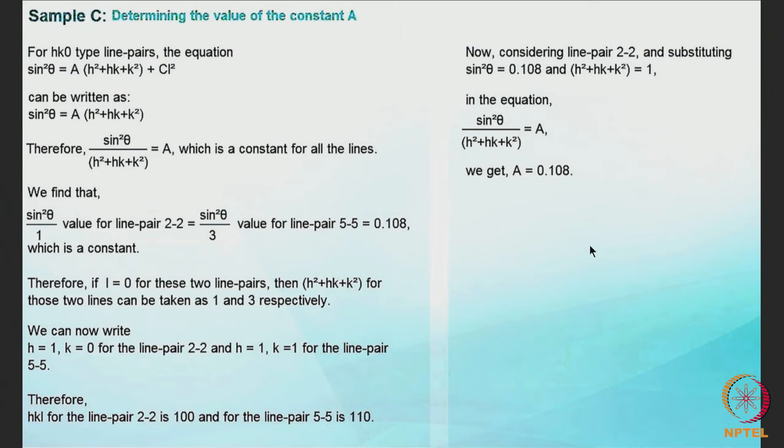Now, if we consider the line pair 2, 2 only and substitute the value of sin square theta, which is 0.108, and h square plus hk plus k square is equal to 1, then from this equation we can find out the value of the constant A, which is 0.108.